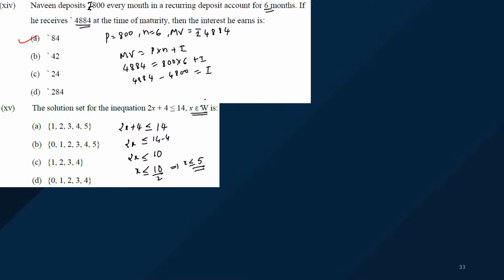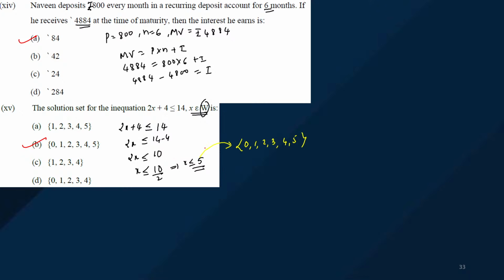Now x belongs to the set of whole numbers, so x is 0, 1, 2, 3, 4 and 5, because I have to choose the solution set from the set of whole numbers. So B is the right answer.